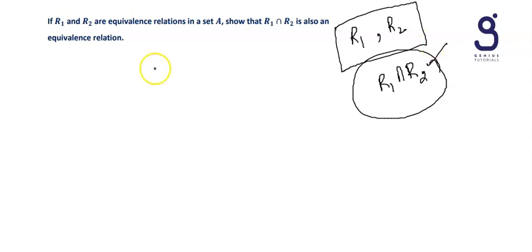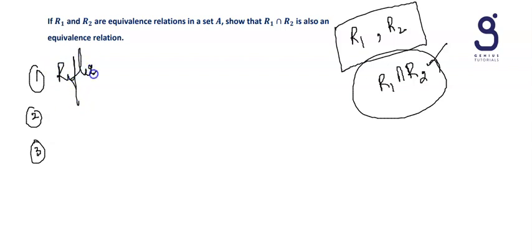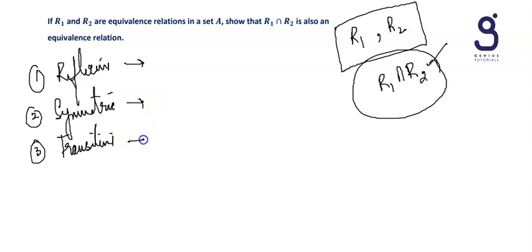So let us first understand what an equivalence relation is. To prove a particular relation to be an equivalence relation, we need to prove that it is reflexive, symmetric, and transitive. If we can prove all these three conditions, we can say that the relation is an equivalence relation. Now, what is a reflexive relation? A relation R is said to be reflexive if (a, a) belongs to R for all values of a belonging to that particular set.